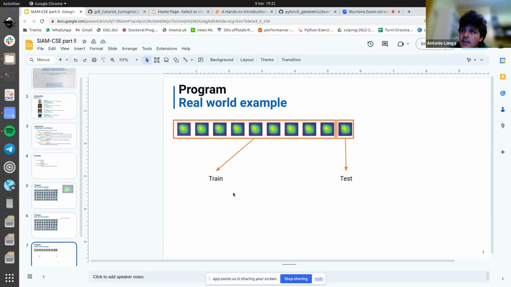Yes, well, there is a specific direction in geometric deep learning, in graph neural networks, that is called temporal graph neural networks. And there are many strategies. The simplest one is to have a graph neural network for each graph and then a recurrent mechanism that collects the temporality.